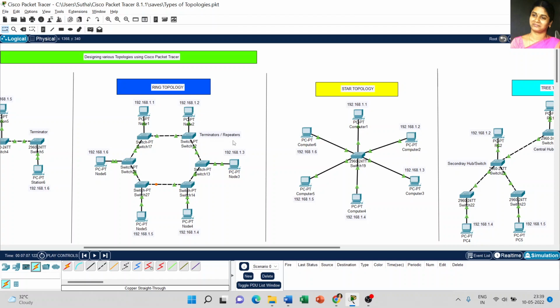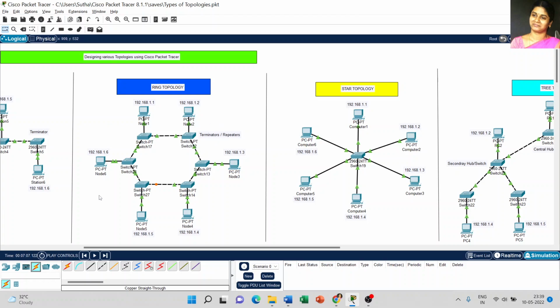When studying the technical aspects, they mention the number of repeaters used in the ring topology. The repeater is nothing but the connecting device, the switch or the hub, and it is called a terminator or repeater.